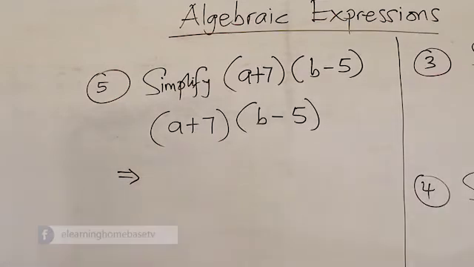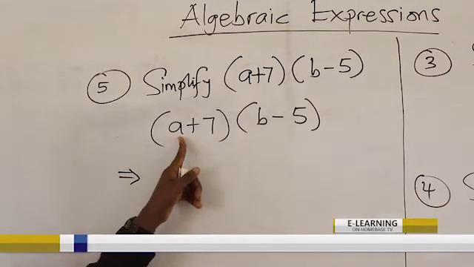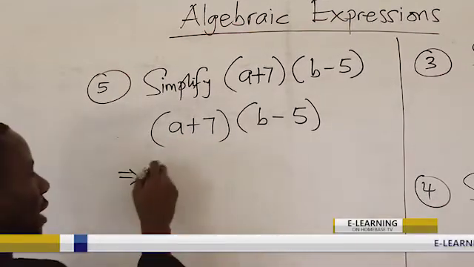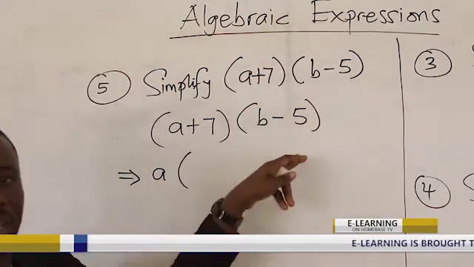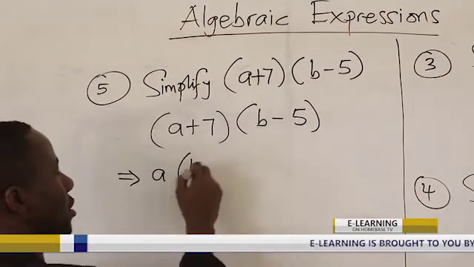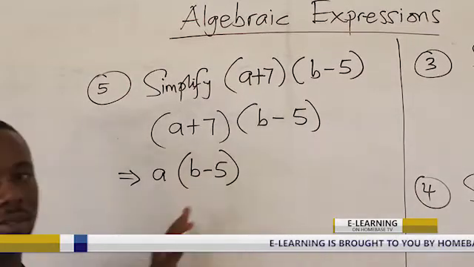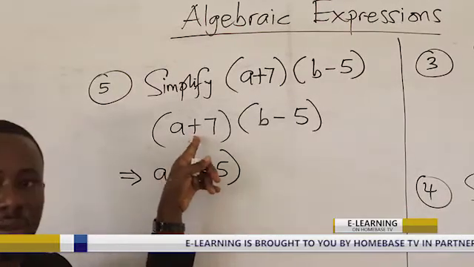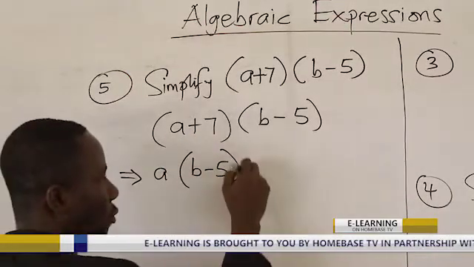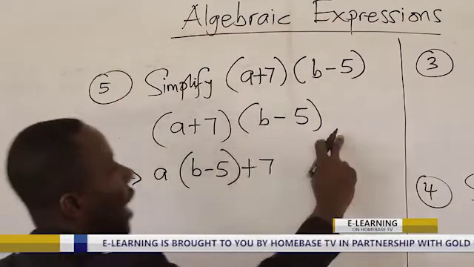So this implies I pick the first term. It must multiply the whole of the second bracket. Then I'll pick the second term, but it is having what? Positive. So it follows. Also multiply the whole of the second bracket.